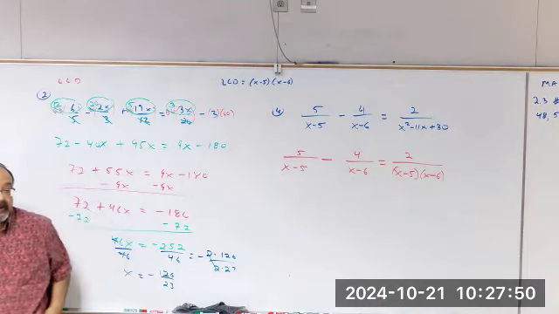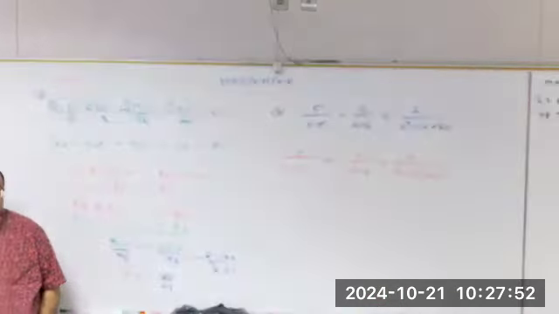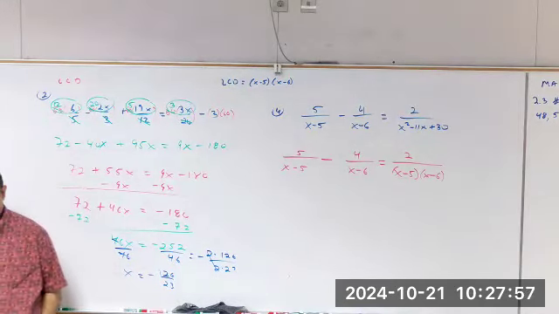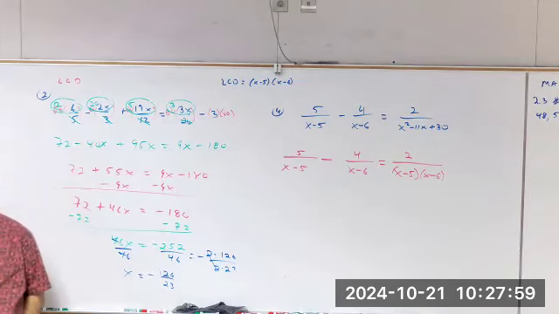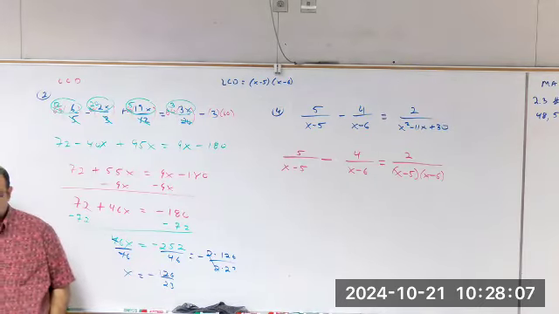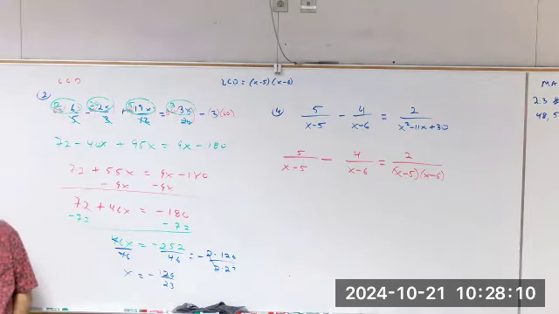One last thing before I begin. Because the denominator has x's in it, I need to be concerned about something that we call extraneous solutions. We're not allowed to divide by what? 0. So I'm solving for x's.